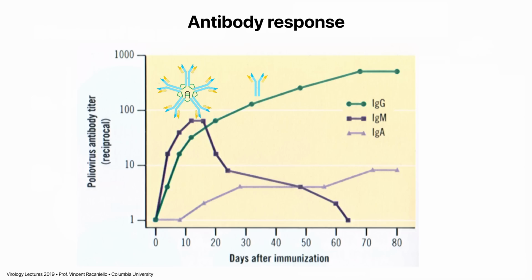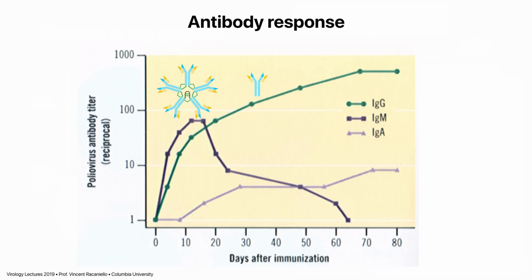As you can see, the first antibody to be made is IgM, which goes up rapidly, peaks at about 20 days, and then declines. And IgM consists of 5 dimeric antibody molecules joined together by their Fc regions.